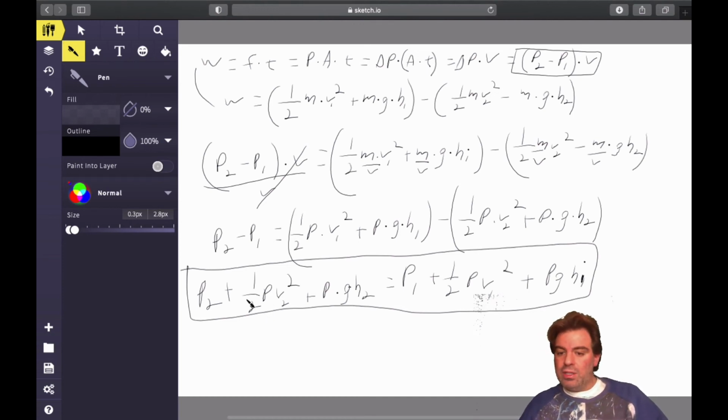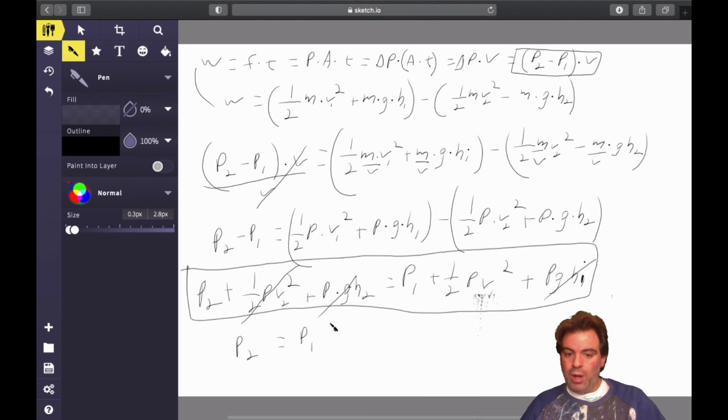A truck, even when it's moving, is not going to have any change in height whatsoever, so we can cancel these two terms out. And when it's stationary, we take that as point 2, so we can cancel this out. So this equation now becomes pressure 2 equals pressure 1 when it's moving plus 1/2 rho V1 squared.